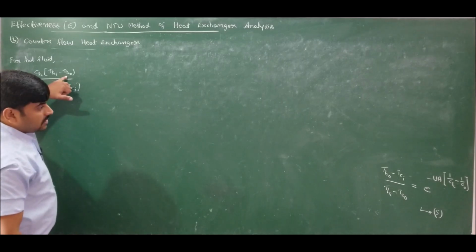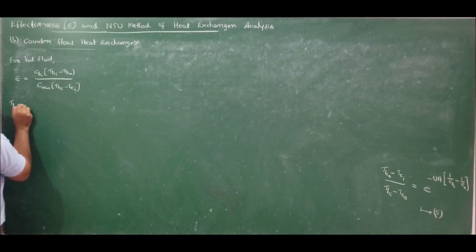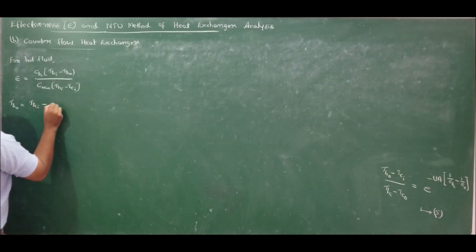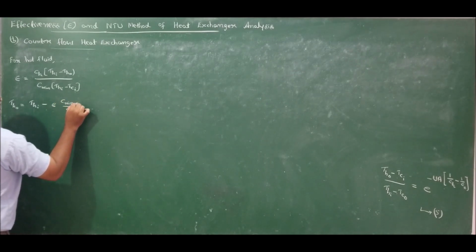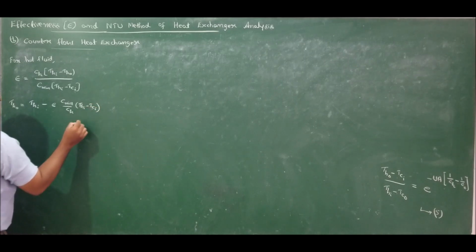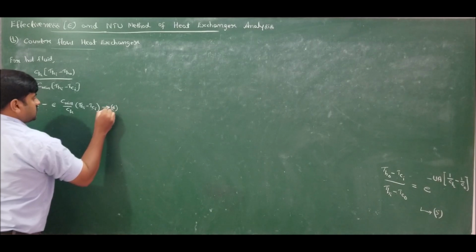So now I want THO. If I simplify for THO, it will become THI minus epsilon times C minimum by CH times THI minus TCI, correct? Take this as equation number 6.